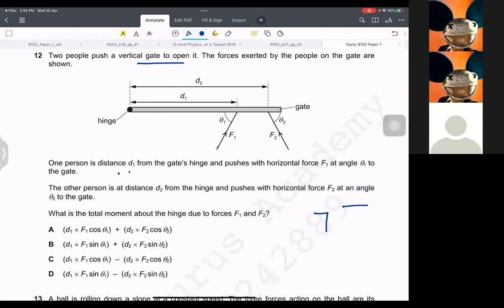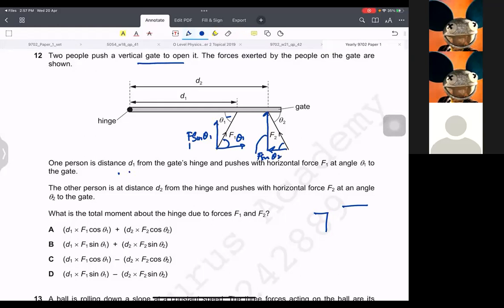First of all, we would like to find the components of it. The perpendicular component of this force, like F1, is this one. If you try this, this will be θ1. So this will be F sine θ1. And the perpendicular force of this one is going to be F sine θ2.